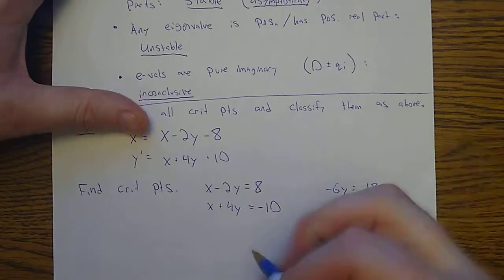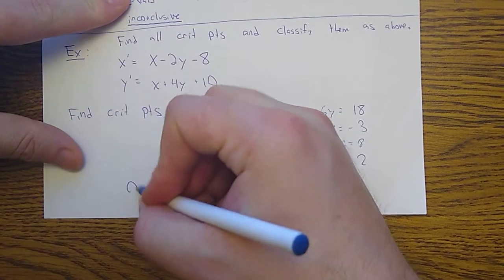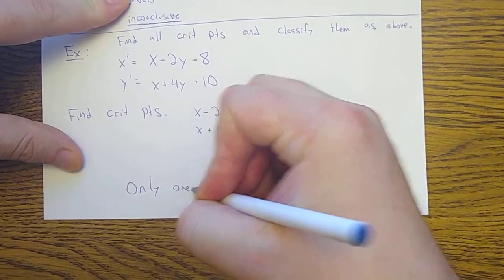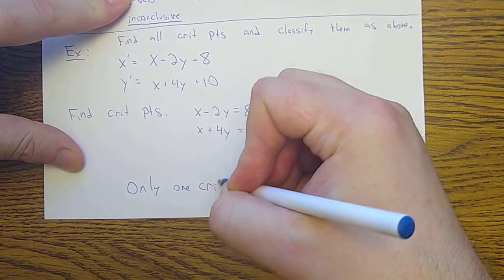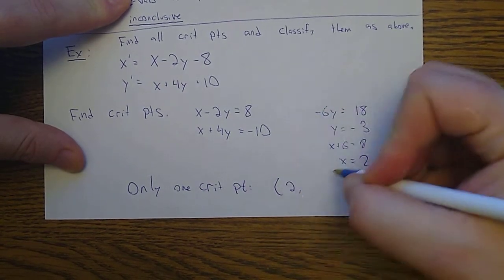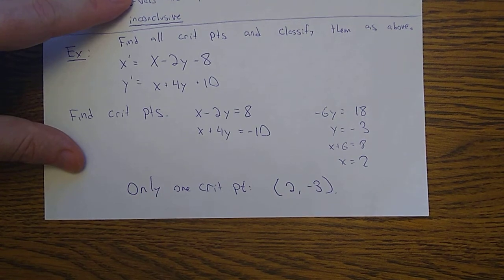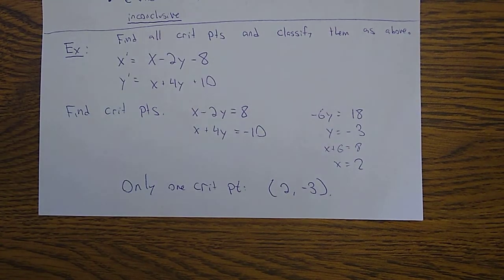Okay, so it would seem that there is only one critical point, (2, -3). So let's characterize that.